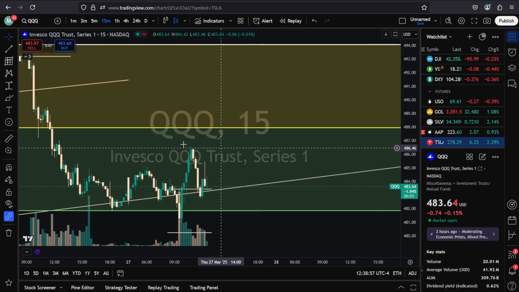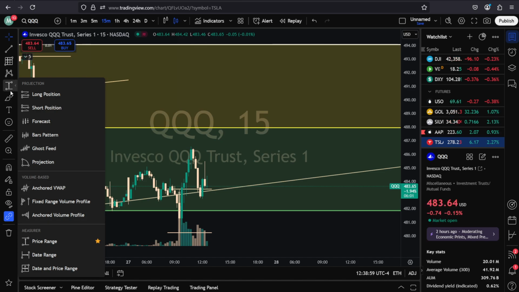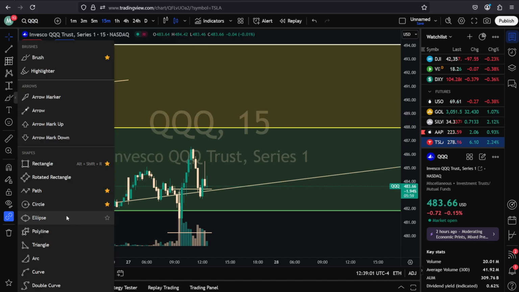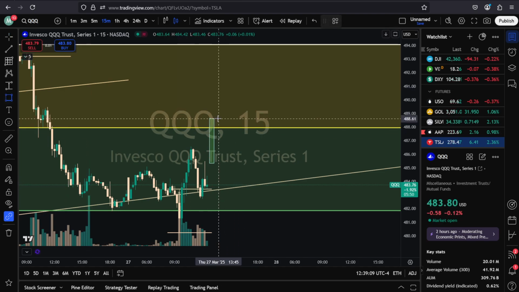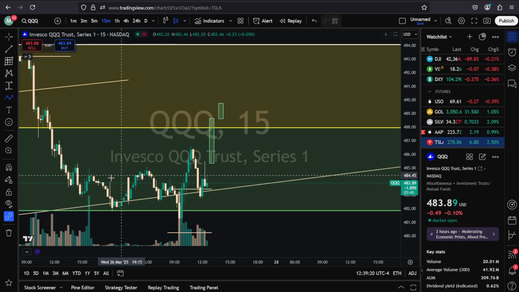Looking at QQQ today, if we come up, and let me get my box real quick so I can draw an example of a candle. If we come up and have a candle come in, close like this, the next candle should open, wick below the 50, and then have a nice move up like that. We'll draw in an arrow as well so you can visualize the wick on that candle.